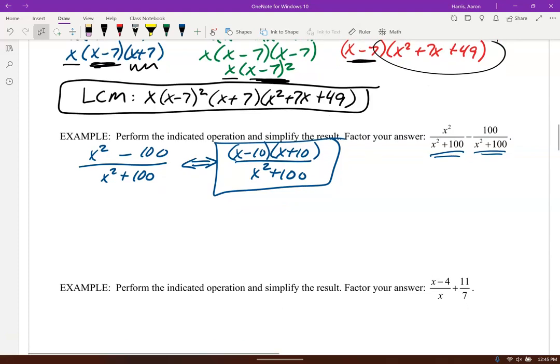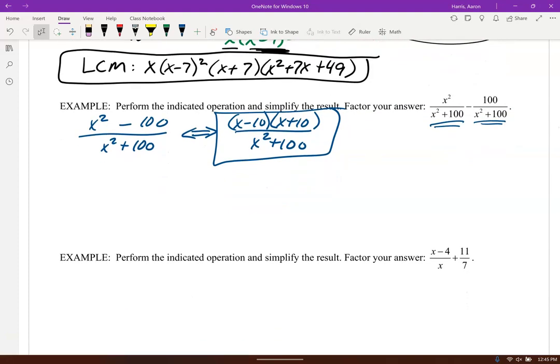This next one does not have a common denominator, so I got to find the least common multiple of 7 and x. Well, the x needs a 7, and the 7 needs an x. Now I have a common denominator. So now we have 7 times this x minus 4 all over 7x plus 11x all over 7x.